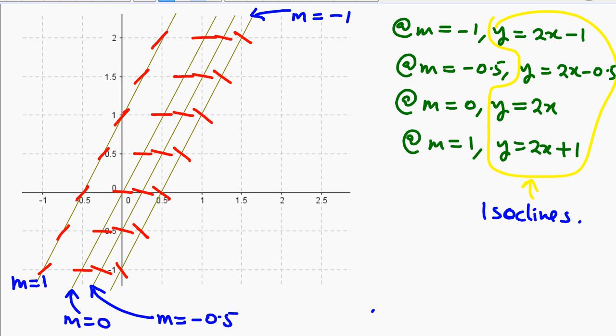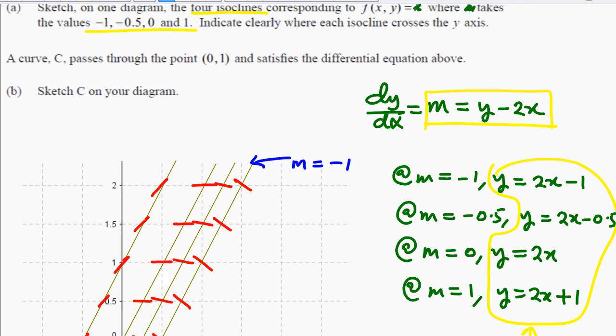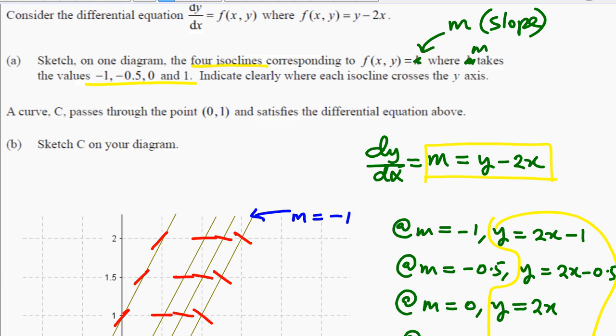Okay, so the question, part B, is asking us: a curve C passes through the point (0, 1). So this is a known point that the curve is passing through.